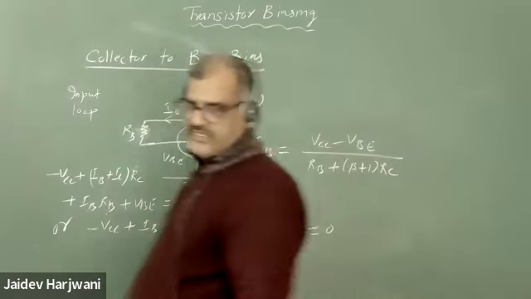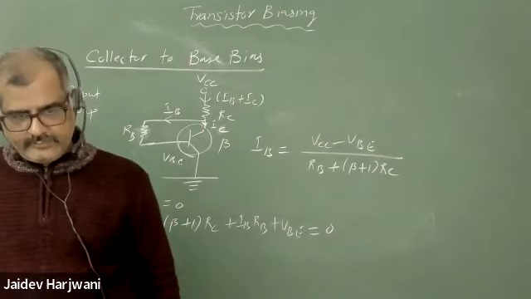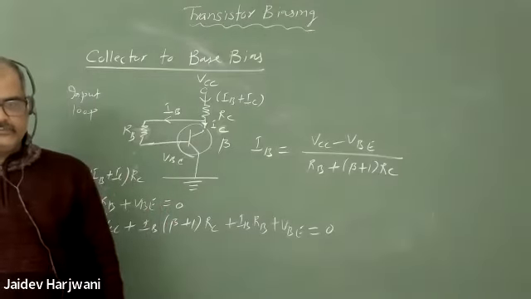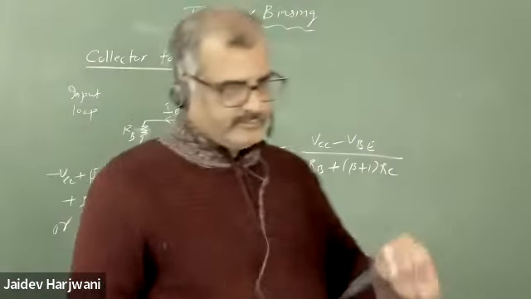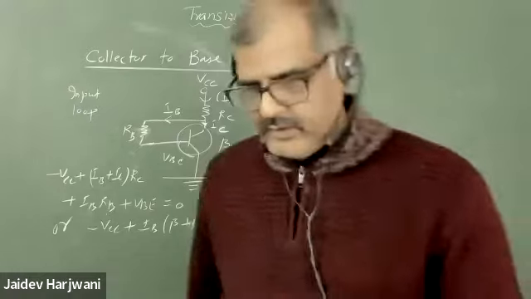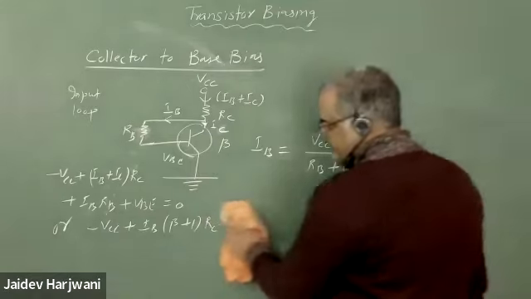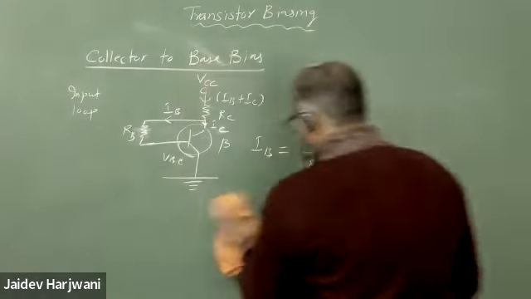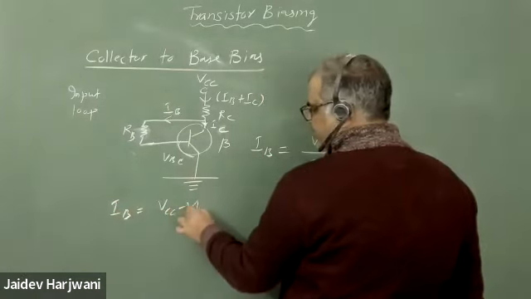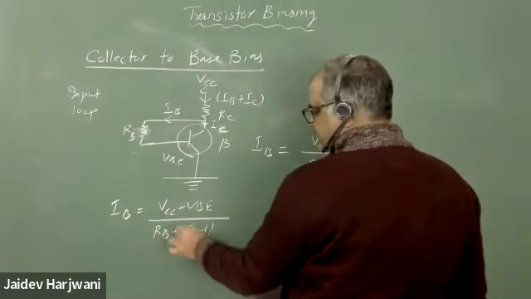Check whether the formula is correct or not. Okay. Now this is your input loop, and you have your IB value. I'm writing here: IB value is VCC minus VB upon RB plus (beta plus 1) RC.